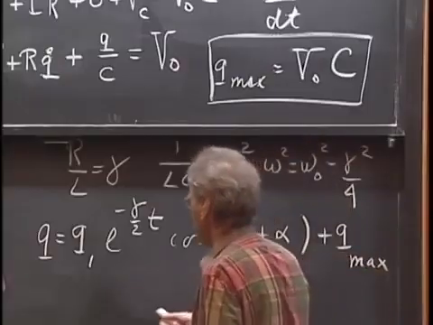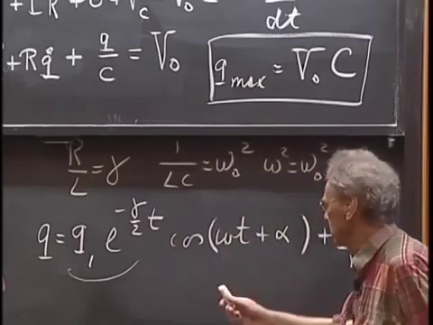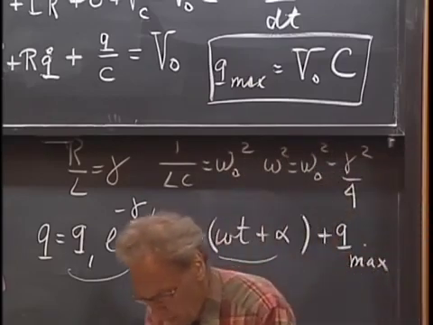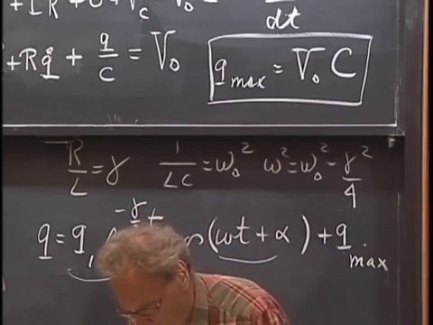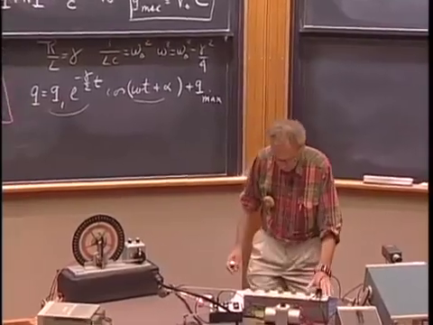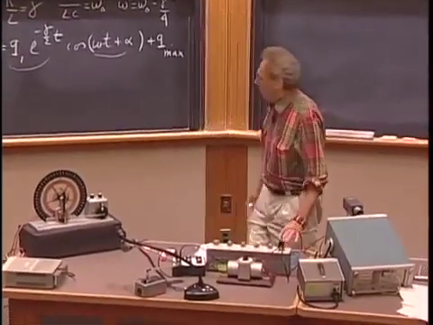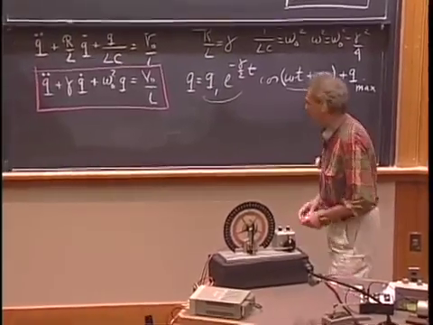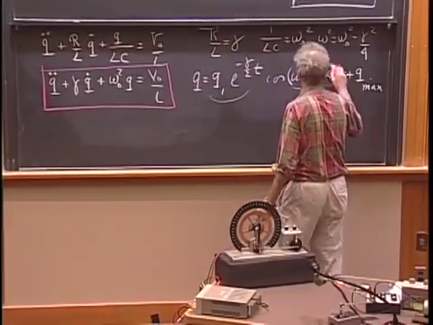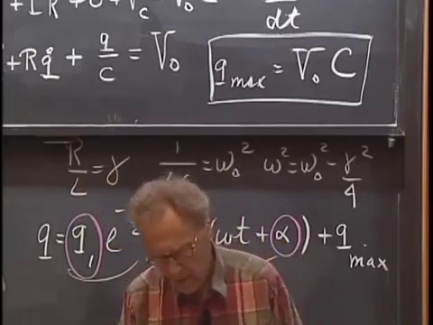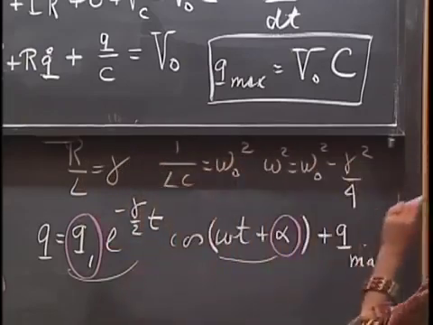So you see here the decay, you see the oscillation, and then when you end up, you must end up there with a fully charged capacitor. You now have to solve, depending upon the initial conditions, for alpha, and you have to solve for Q1. So that means you have to know your initial conditions.